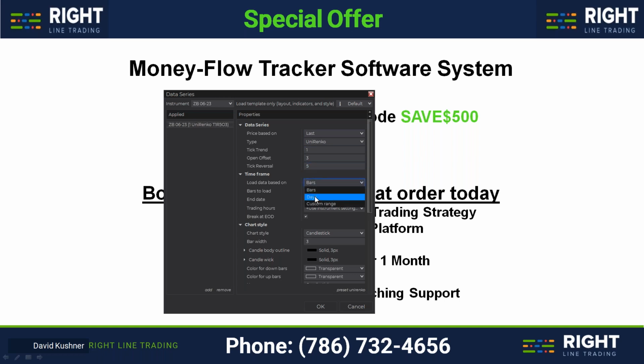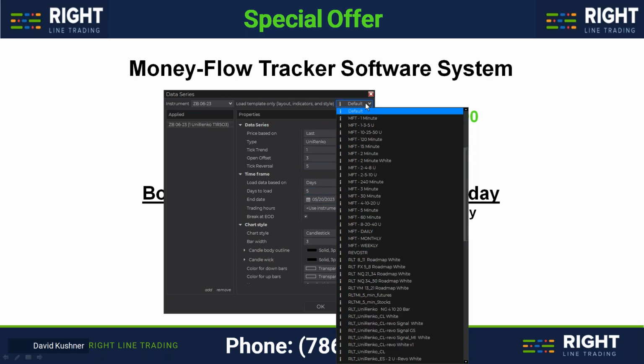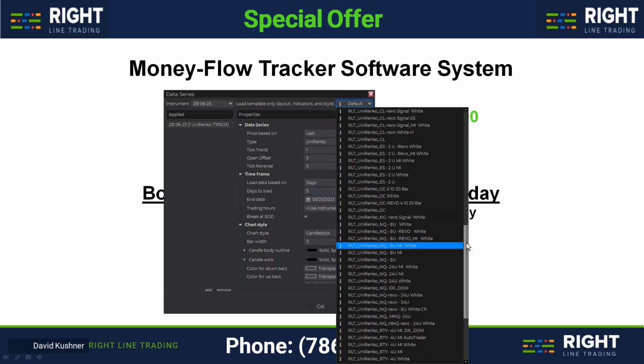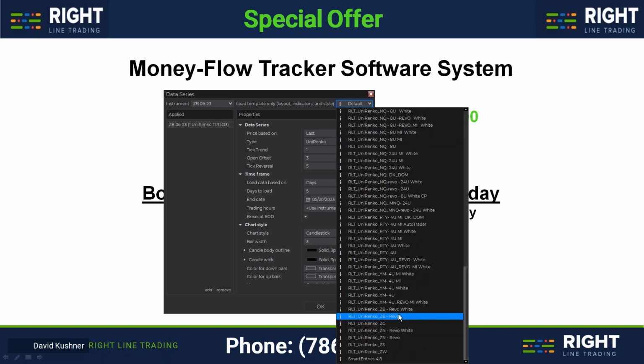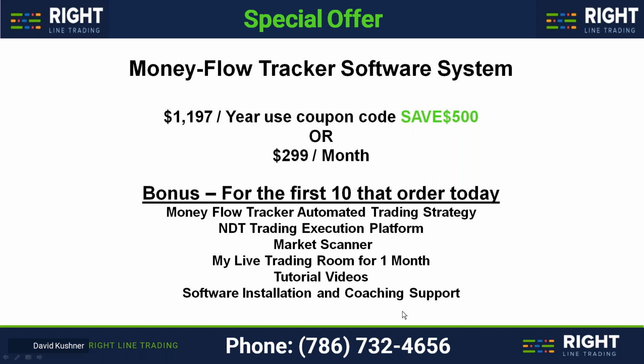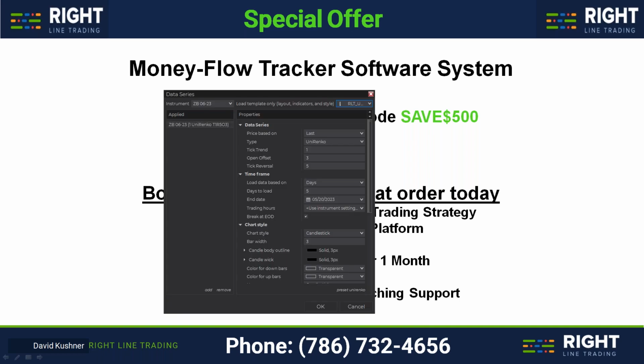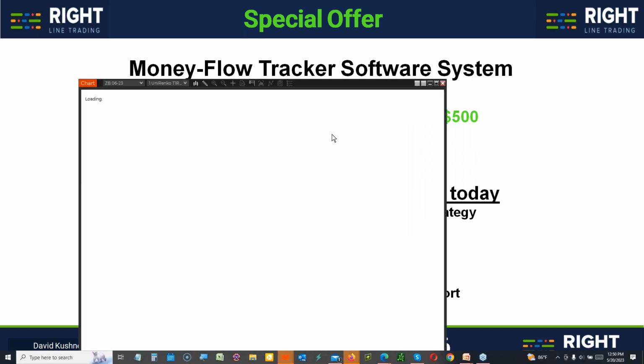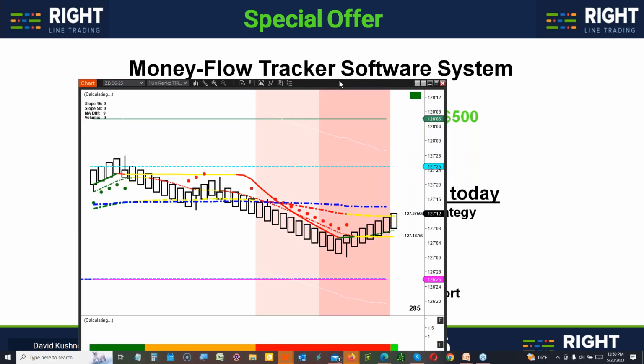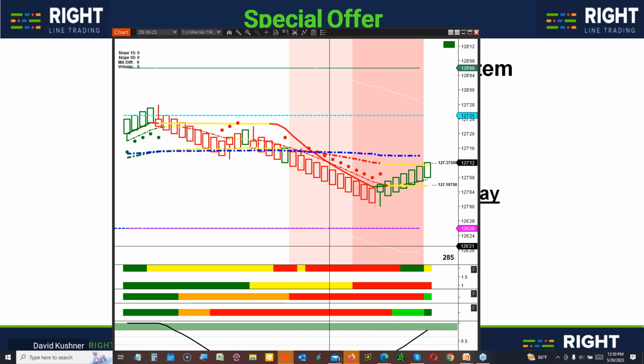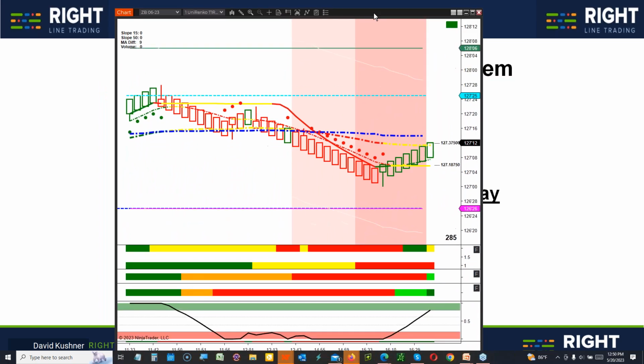I'll change the days to 5 days. Once I have my data series set up, I just go over to ZB. Oh wait, I didn't click OK. ZB has actually been pretty good lately, so I'm going to load up this chart really quick.